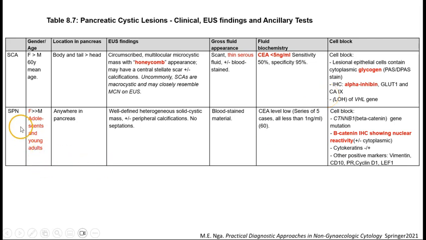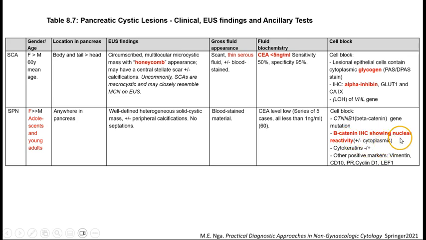And last but not least, solid pseudopapillary neoplasm, again a very characteristic epidemiologic profile of young women. And usually this is a rather heterogeneous appearing mass with both solid and cystic components. The CEA levels are usually low, and again, cell block is extremely useful because immunohistochemistry can be very diagnostic.